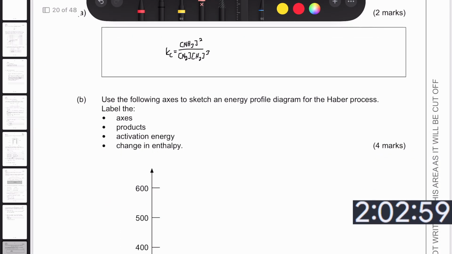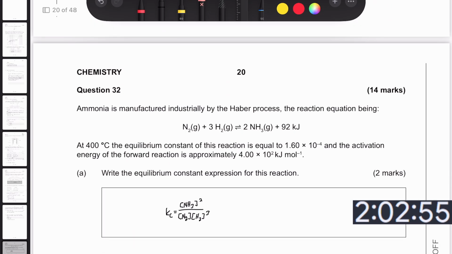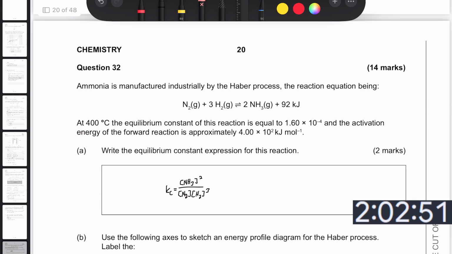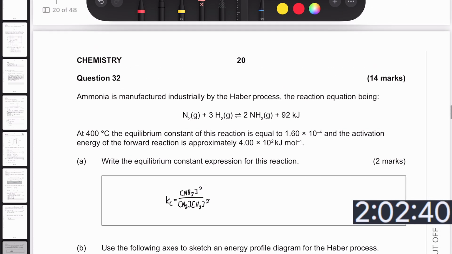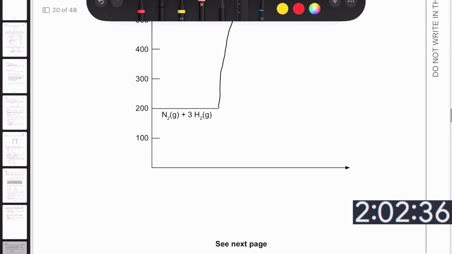As usual, I can label the axis product. So the activation energy of the forward reaction is 400 kilojoules, so I need to go up to 600. Maybe about there. And then it releases 92 kilojoules, so I need to go to about 110.